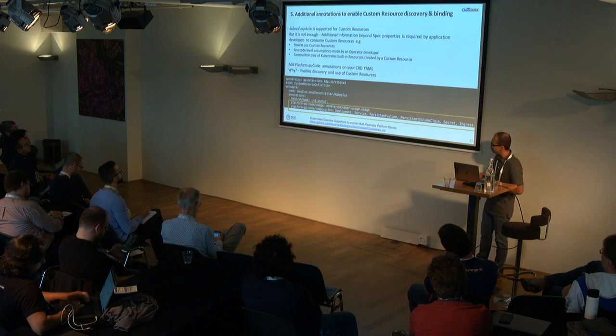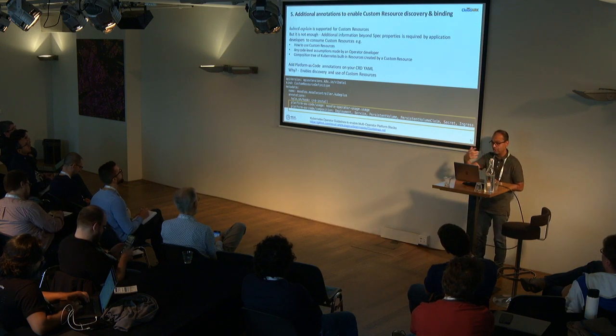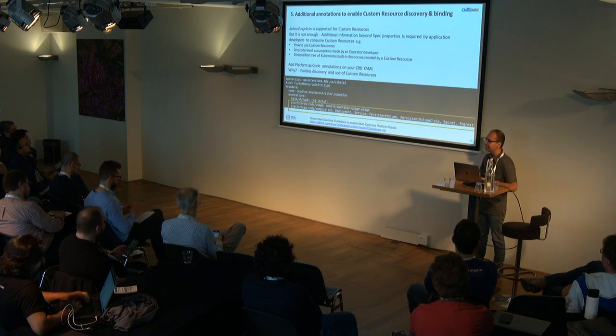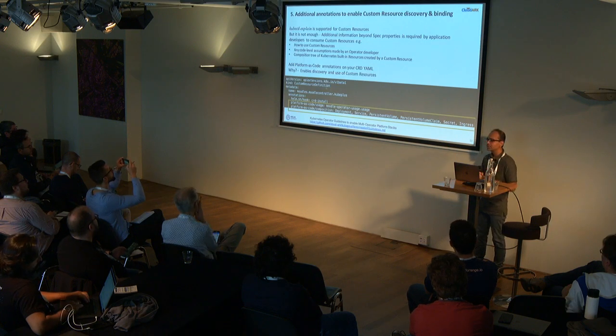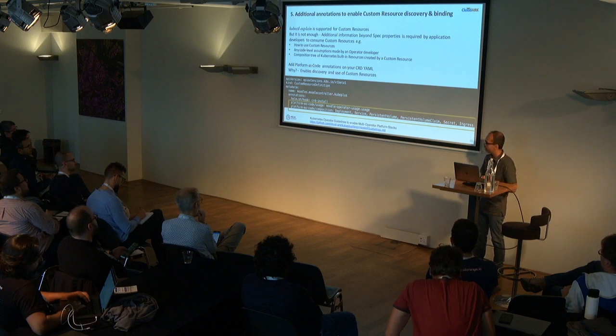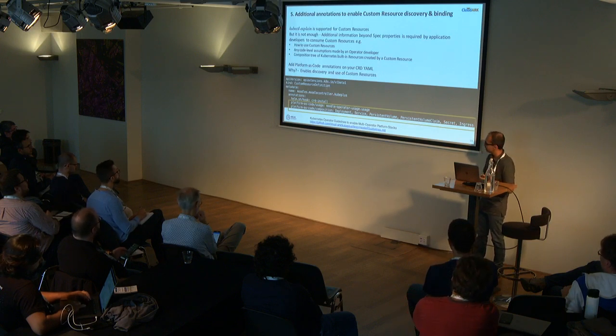What the usage annotation does is it allows you as an operator developer to package any kind of information that is beyond the spec properties, but which is needed by your users to consume that custom resource. And I'll talk about an example of how we use this.